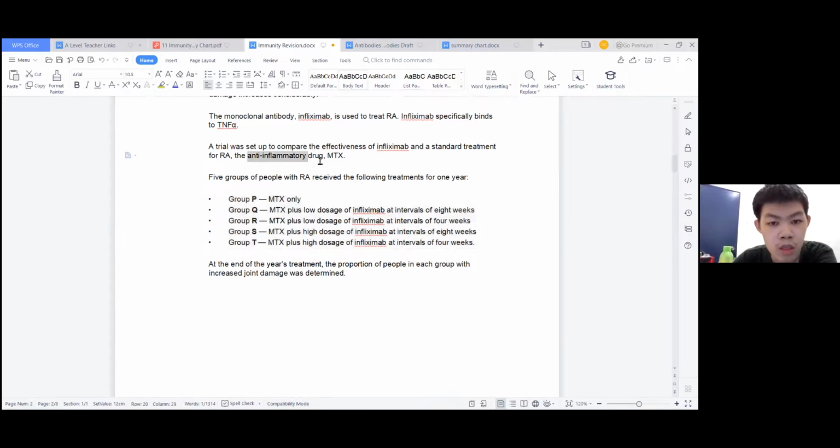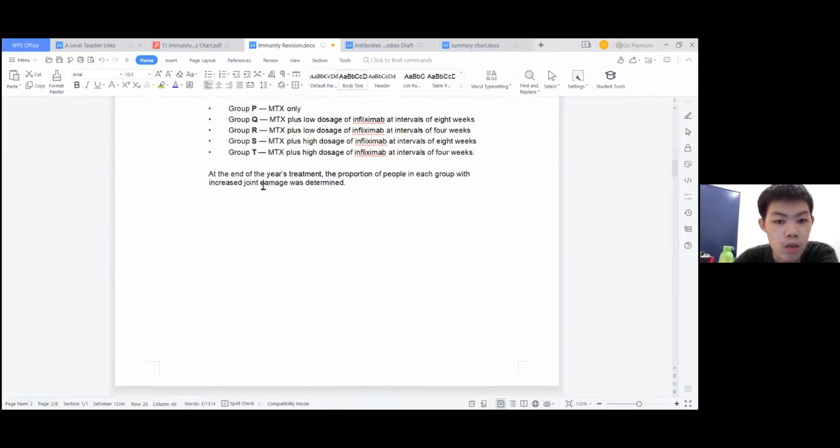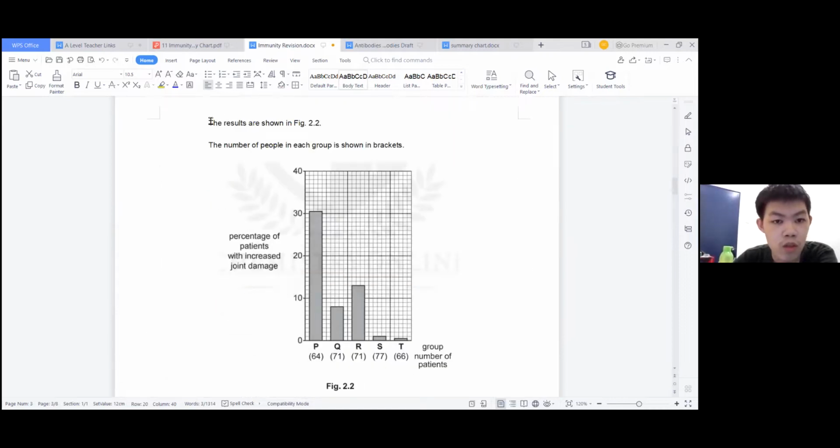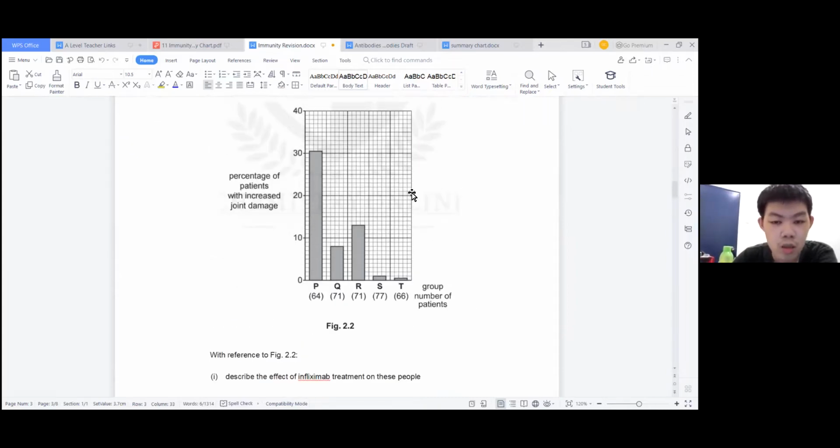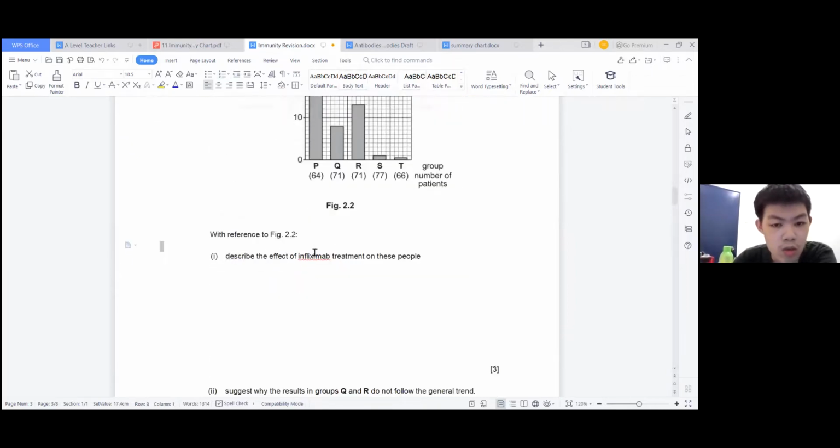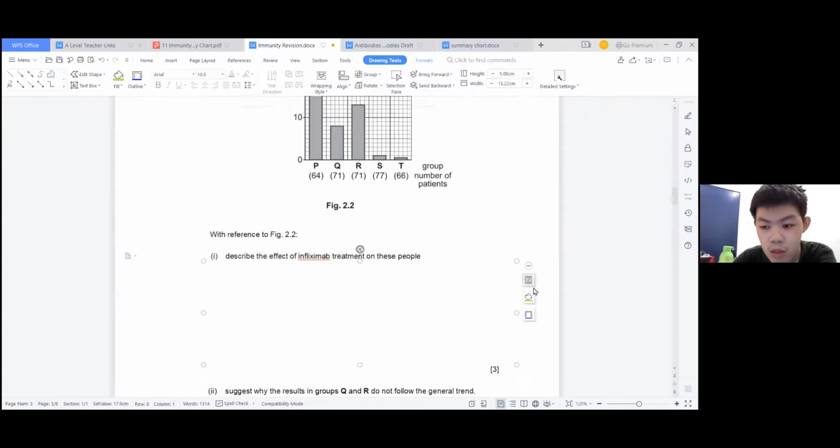MTX mentioned here is an anti-inflammatory drug. At the end of the year's treatment, they plot a graph to show the results. These are the number of people in each group in the brackets here. Here it says describe the effect of the infliximab treatment on these people.